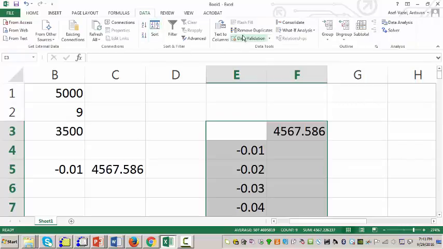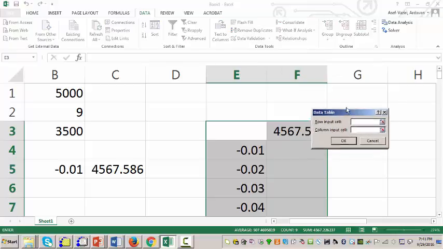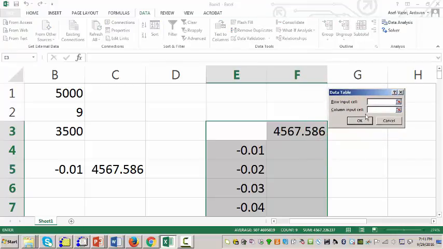I say what if analysis data table. It tells me what is the X value you want to change. Is it typed in a row of the Excel sheet, or is it typed in a column of the Excel sheet? I say it is typed in a column of the Excel sheet. It says, what is it? I say it is this.